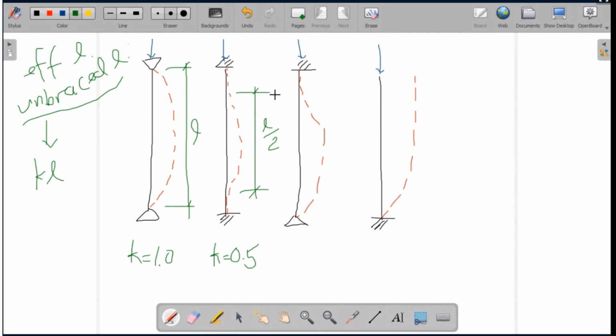In this case, we just have to combine the two. Here the effective length is approximately 70% of the length, so the K here is 0.7. In other books they consider this to be 0.75, but we stick with the more conservative value. That's why 0.7.